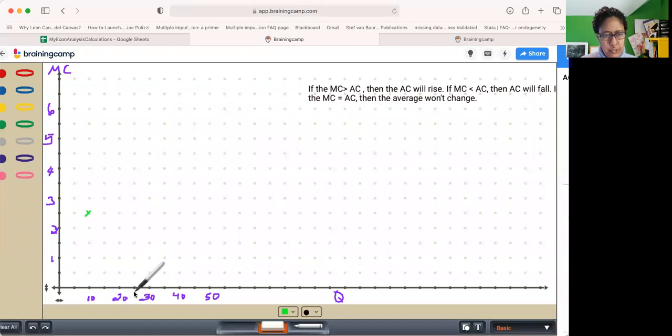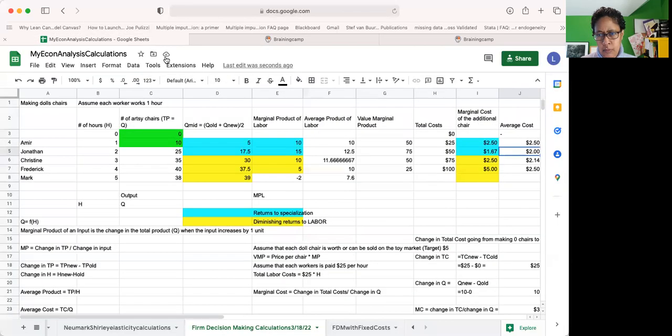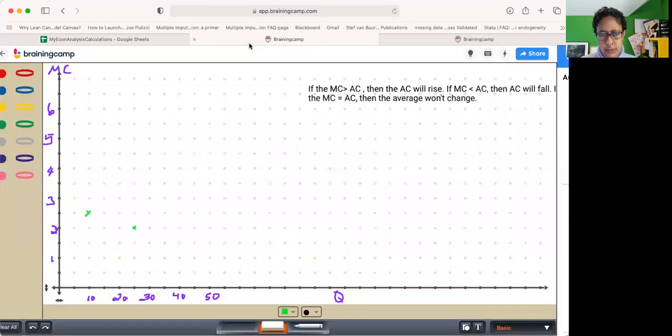Here's 25 between 20 and 30, and it's against 2. And then I've got an average of 2.14, and my quantity is 35. Here's 35. Got 2.14, so hopefully that's kind of looking like that.